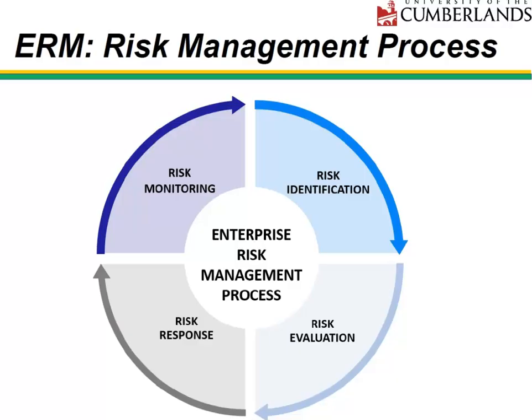And finally, the last step is risk monitoring. Once we've decided how to deal with each risk, we start tracking them over time, assess the effectiveness of our response, and watch for changes in the risk environment as well. We ask ourselves, are our controls working as expected? Are the risk levels changing? Are new risks emerging? At the center of this cycle is the ERM process.